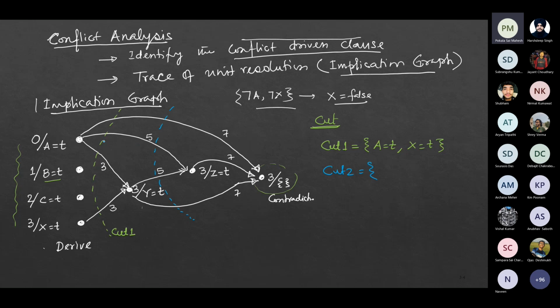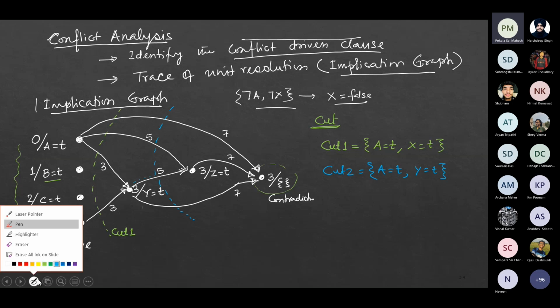It will contain A equal to true because A is crossing this particular cut. So A equal to true will be here, and we'll also have Y equal to true. This particular edge is crossing the cut. So we should have Y equal to true, right?